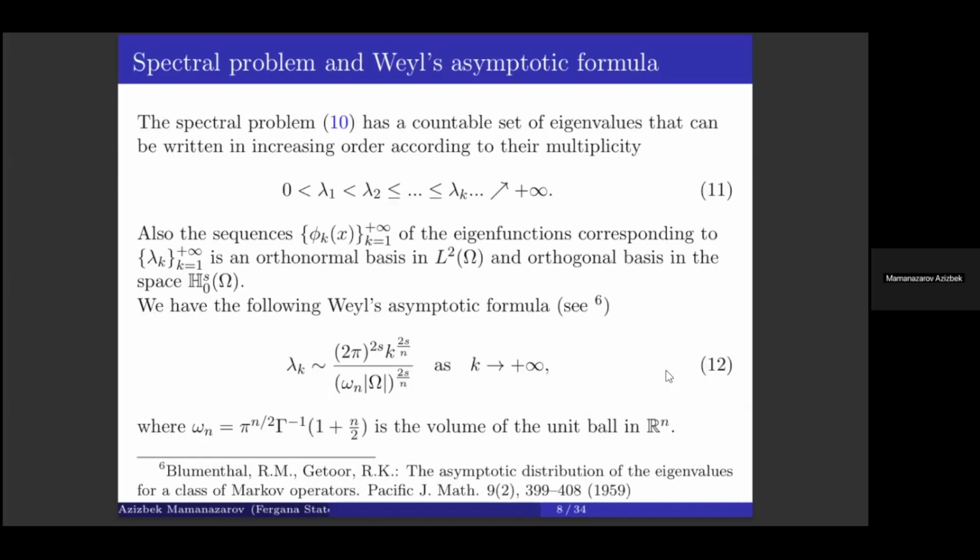And we have the fact that the spectral problem has a countable set of eigenvalues, and moreover, the eigenfunctions corresponding to these eigenvalues form an orthonormal system in L2 and an orthogonal system in the Sobolev space H0^S. Additionally, we have the following asymptotic formula for sufficiently large values of k. We use this asymptotic relation while we are studying the inverse problem.